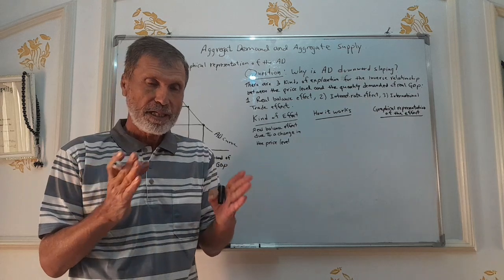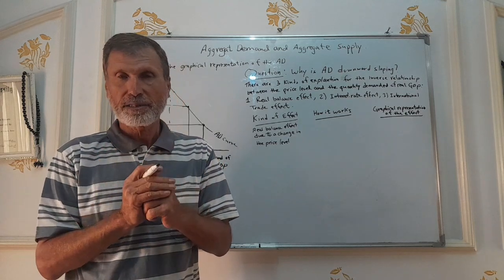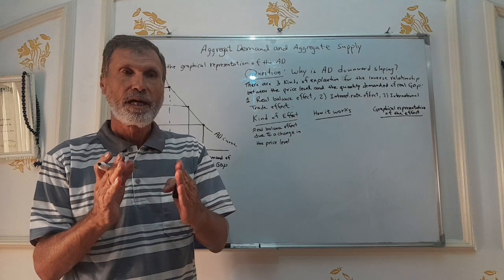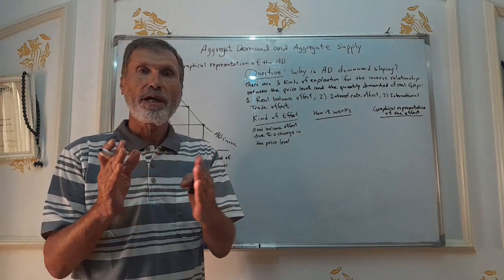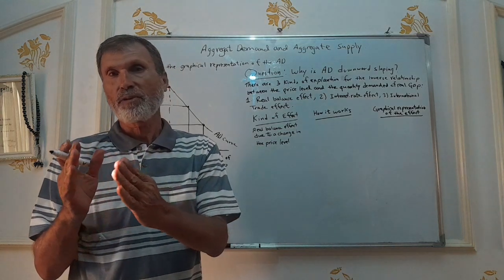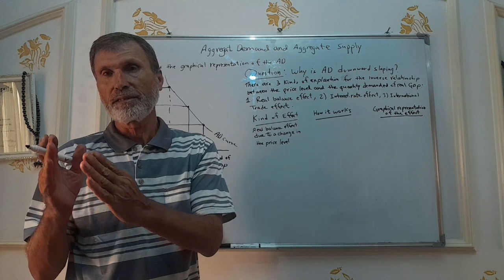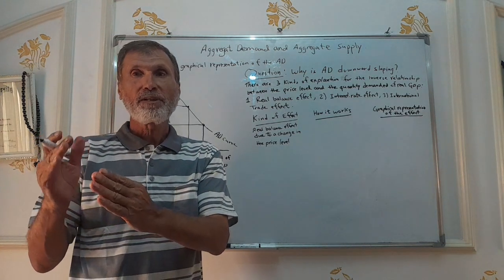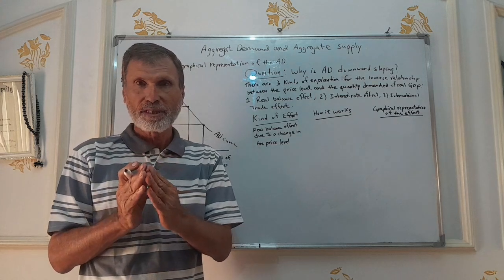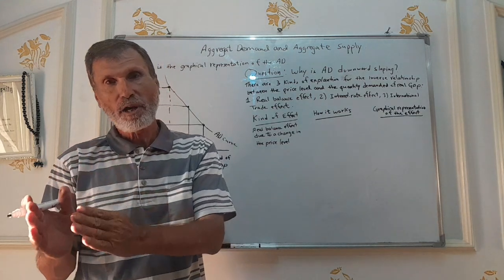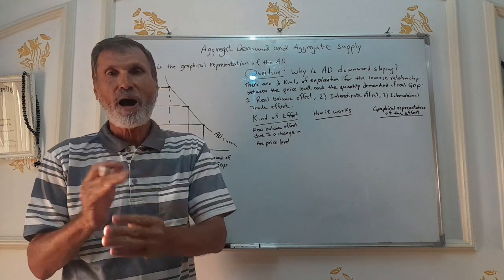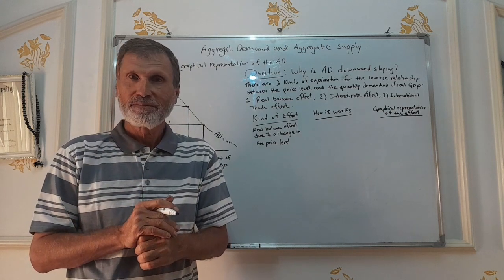For instance, the $1,000 that once used to purchase 10 microwaves at a price of $100 each, now when the price level decreased to $50 per microwave, he is able to purchase 20 microwave sets.